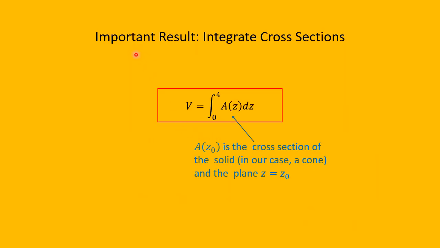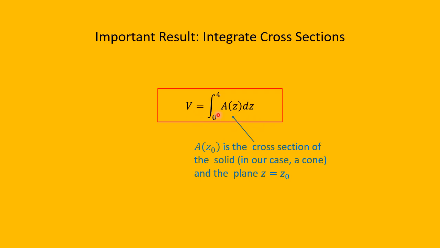So what we see is, to find volumes of three-dimensional solids, we can take cross-sections of those solids by planes, and what we will get in those cases is V equals, in our particular cone case, the integral from 0 to 4 of the cross-sectional area, when you take the solid, in our case a cone, and the horizontal plane z equals z naught, that would be A of z naught, but we want the z naught to go from 0 to 4 here, so we'll integrate from 0 to 4 A of z dz.